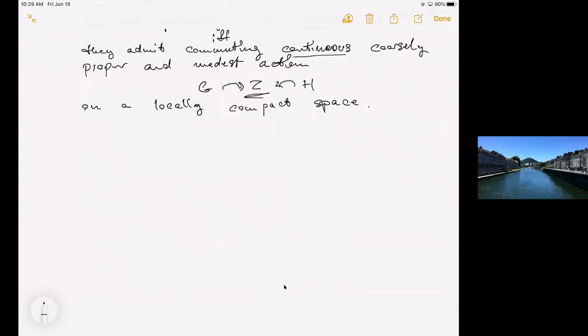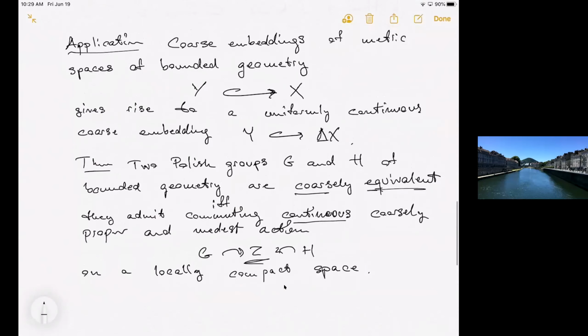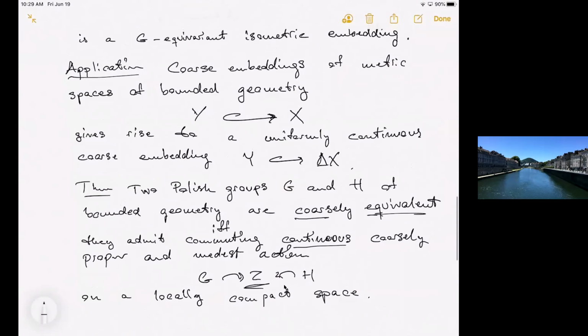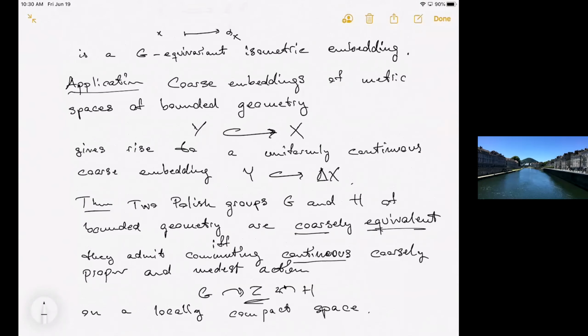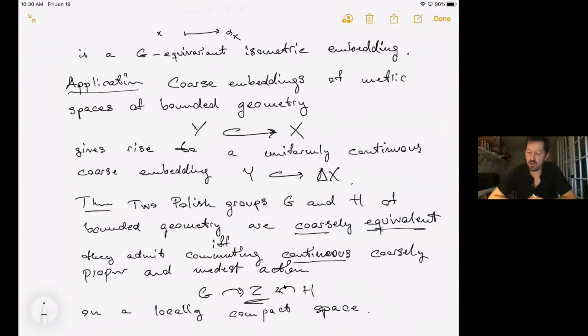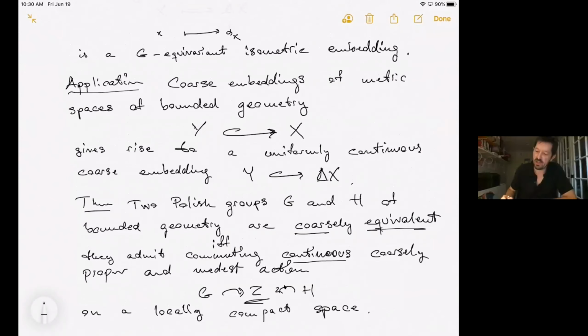Christian: Maybe before you move to the next topic, in the application here, it's not true if you don't have bounded geometry? Do you have counterexamples, or is it just for convenience? I think uniformly continuous is the problem here.